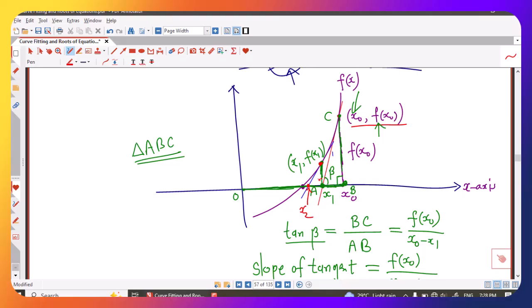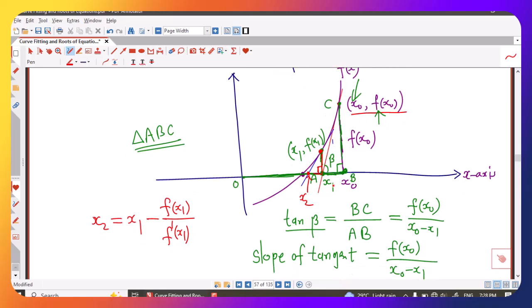Then again, by doing the same process, if we consider this triangle, we will find that formula for x2 is x1 minus f of x1 divided by f dash x1. F dash x1 is nothing but slope of this tangent at point x1.